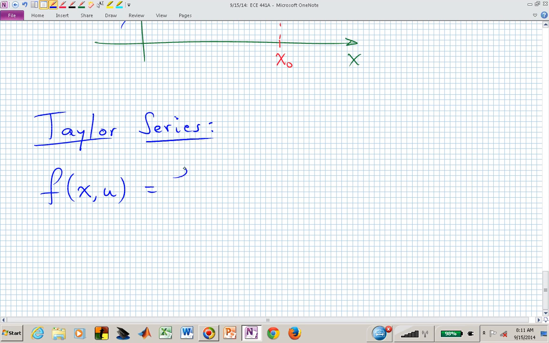The Taylor series expansion says, oh, we find what it is at the nominal location, x0, u0, and then we start looking at how the system changes away from that particular location by performing partial derivatives and higher partial derivatives.